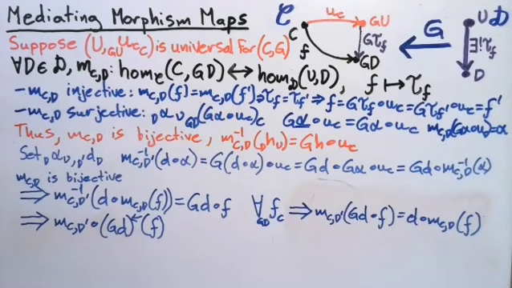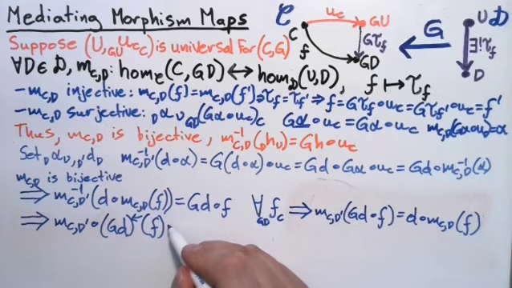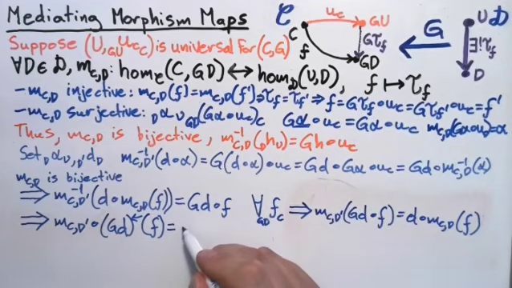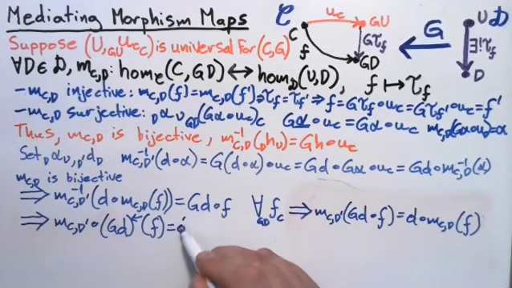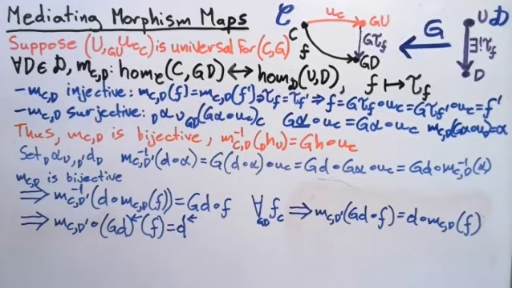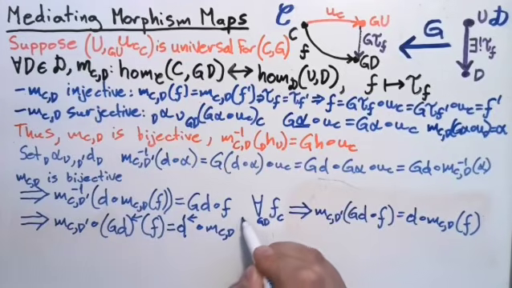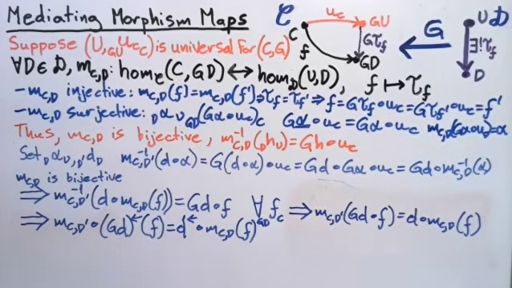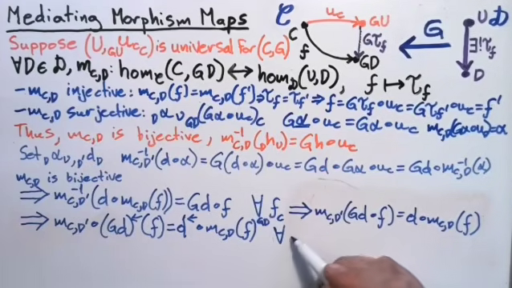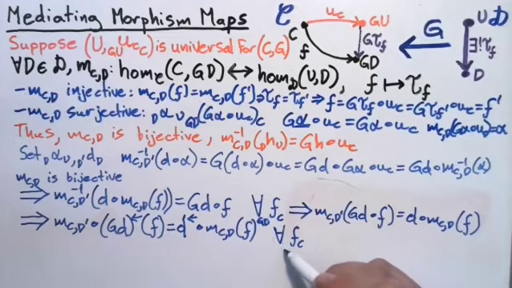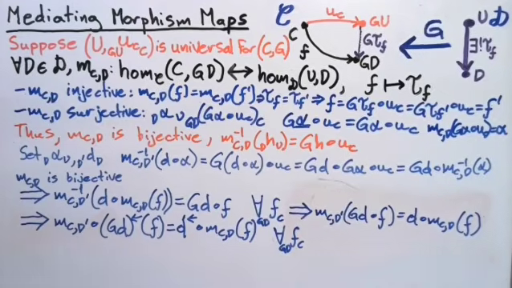It follows F by GD, which is what we have here. And same thing on this side, right? This is follow by D applied to MCD of F. So this is follow by D after MCD of F. And this is for all F going from C to GD.